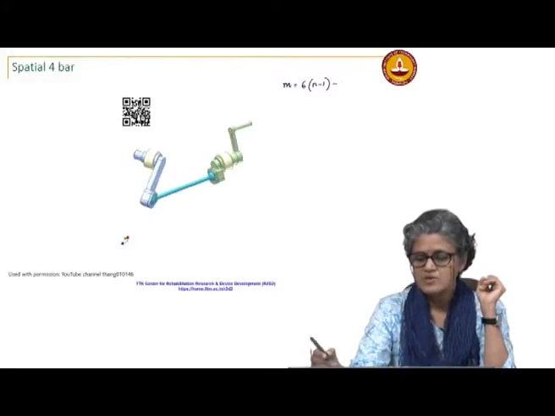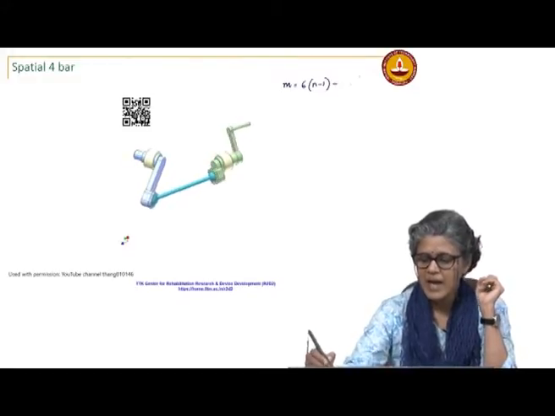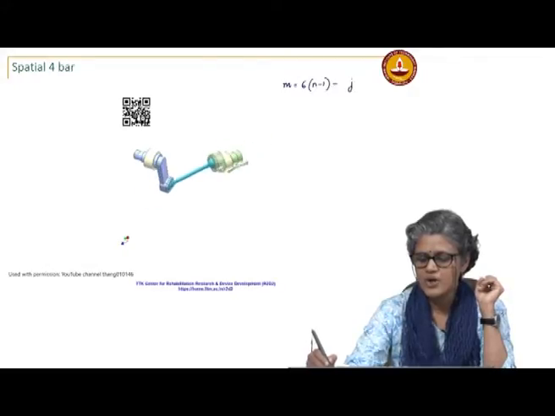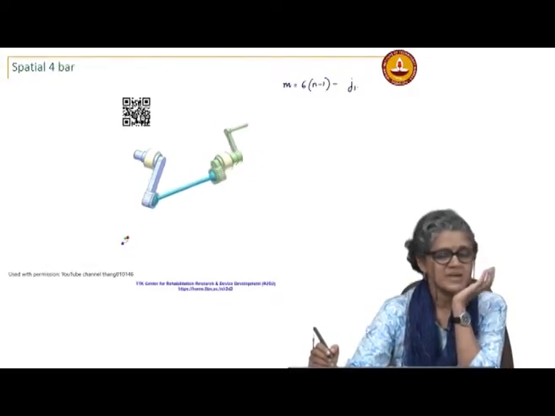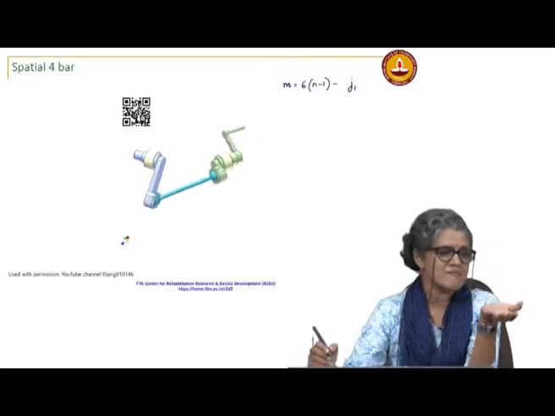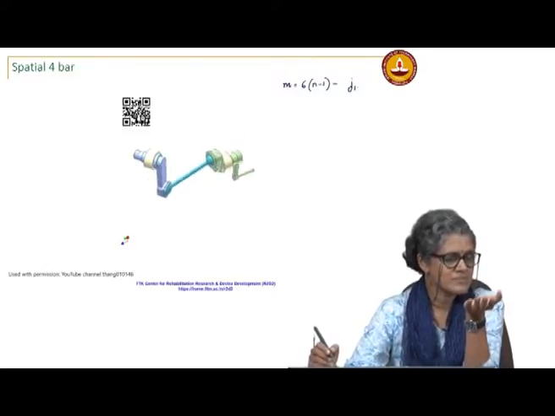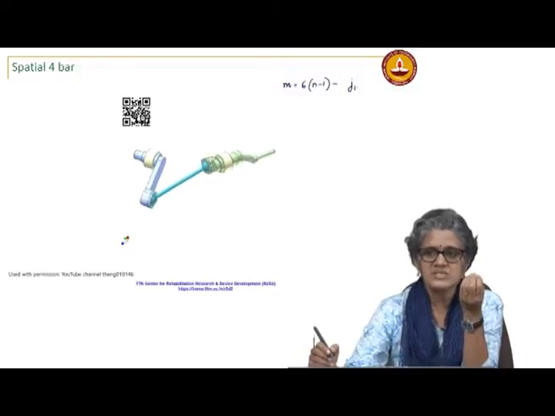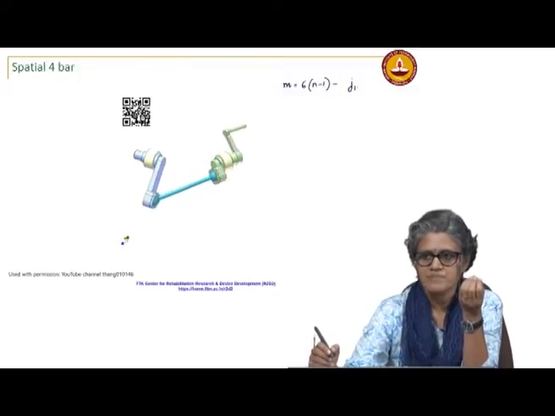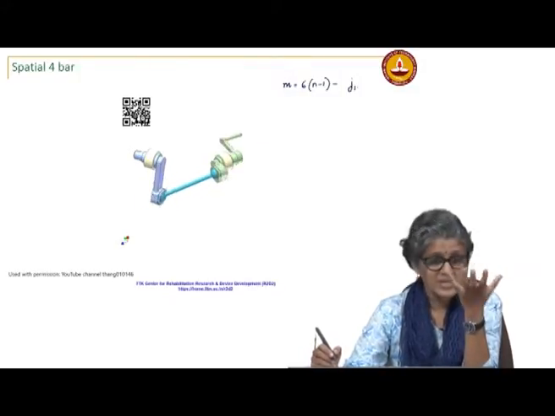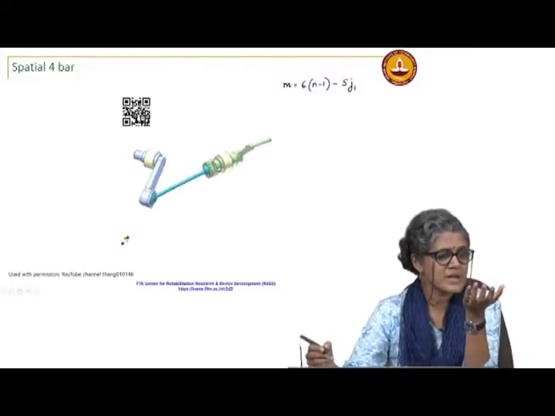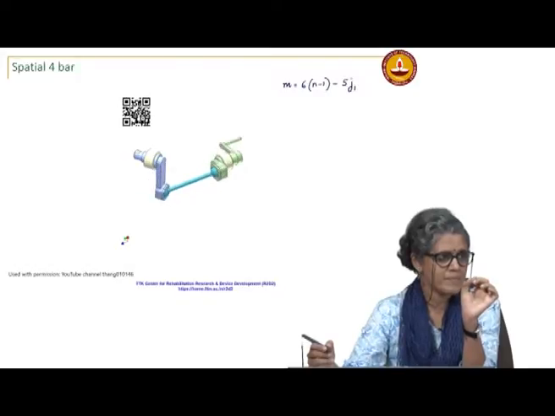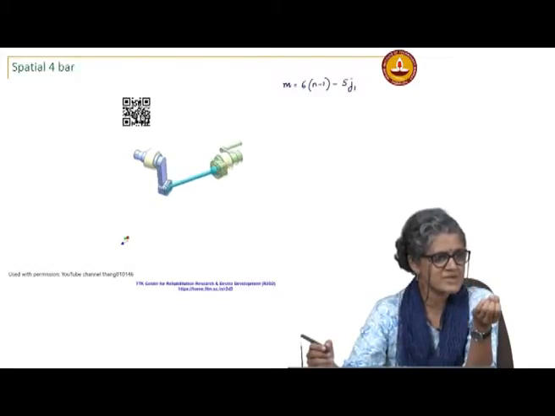I start adding constraints. So, if I add a joint with a single degree of freedom, that is like a revolute joint or a prismatic joint. What is it doing? How many constraints is it imposing? It is removing 5 degrees of freedom, right. It is allowing only one, that means it is imposing 5 constraints.